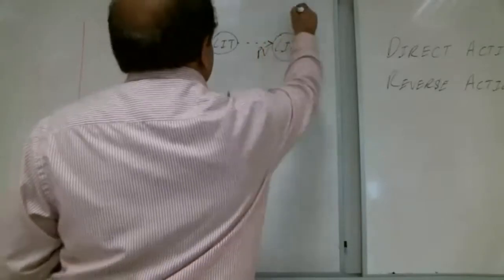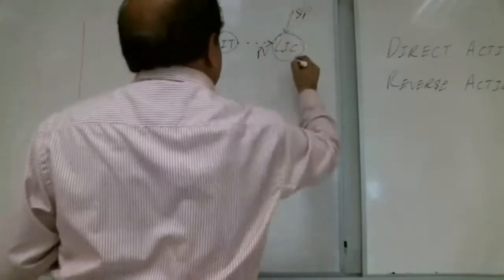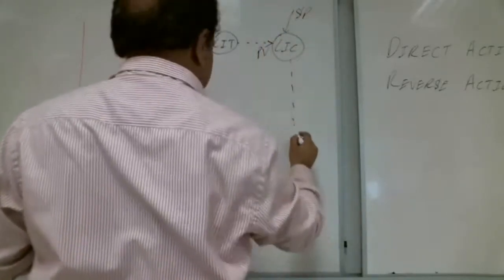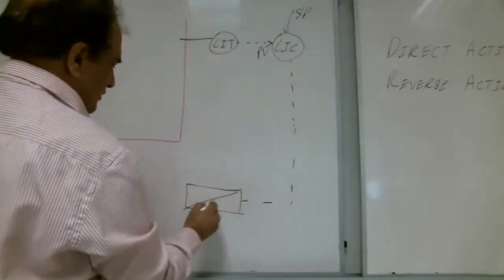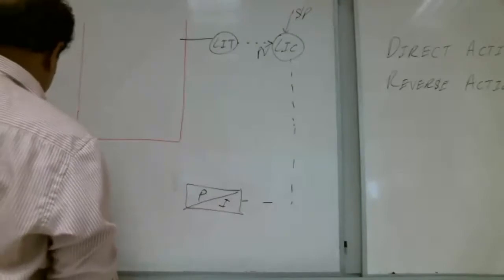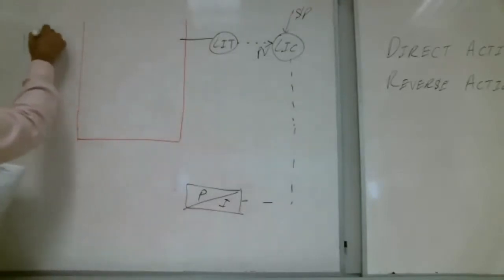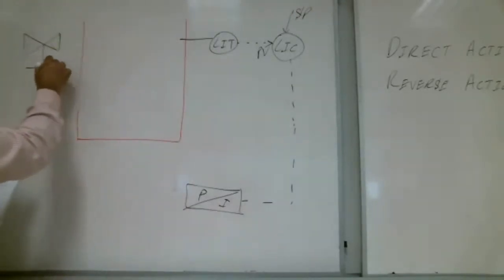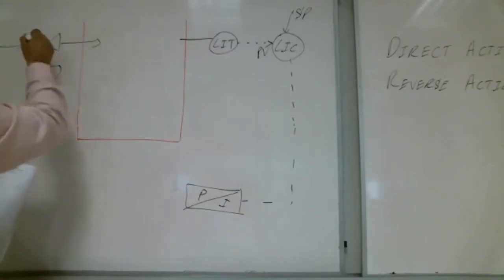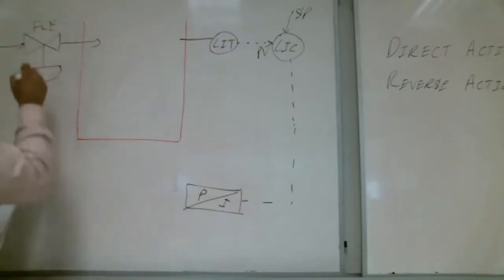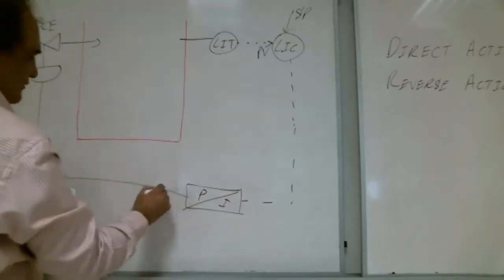Here we apply the set point. Output of the controller is going to the I to P converter, and here we put the valve, the final control element, and we connect it.